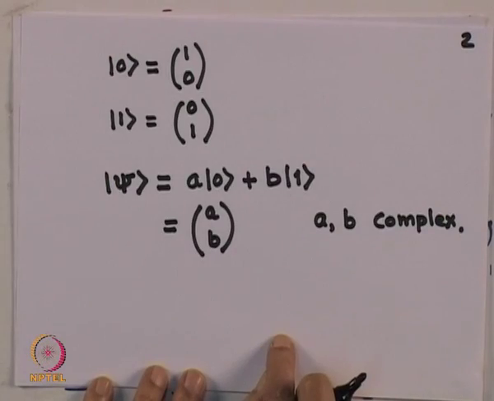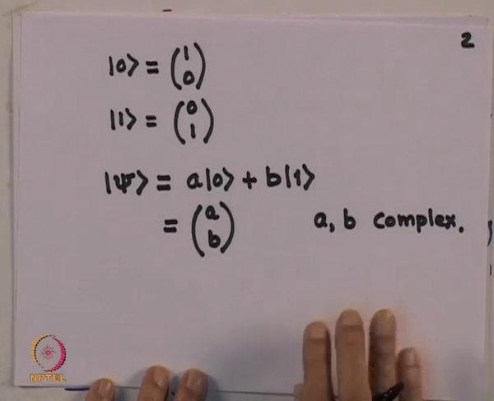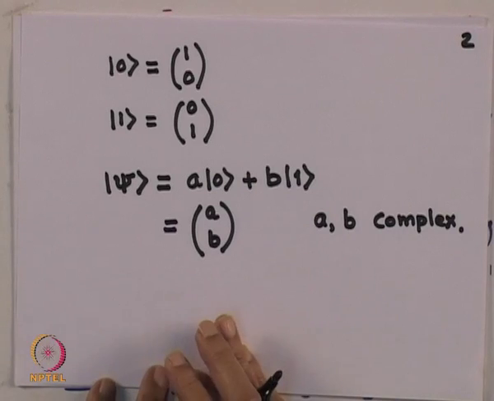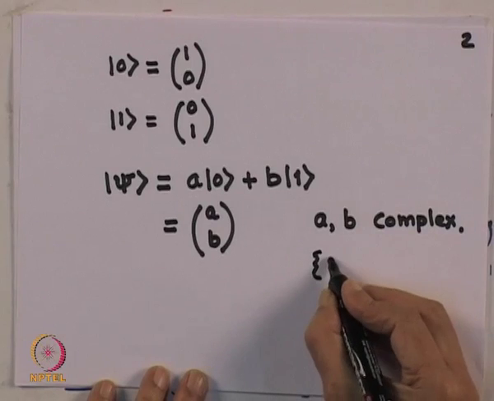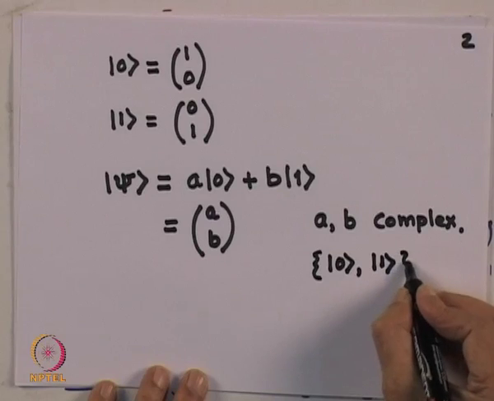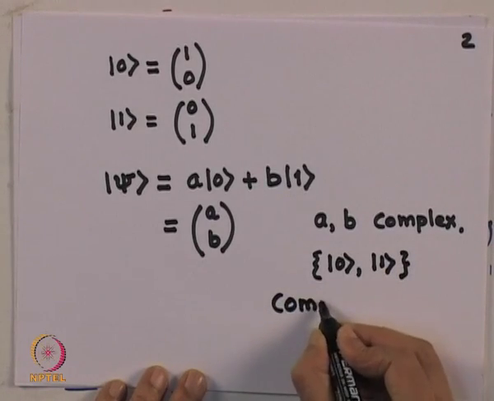Now, what happens is this: if you are trying to measure such a state in what I am at this moment calling the computational basis, I will illustrate it a little more as I go along. The computational basis simply means your measuring equipment is also using the state 0 and state 1 as the basis for measuring the states. So this is what is known as a computational basis.